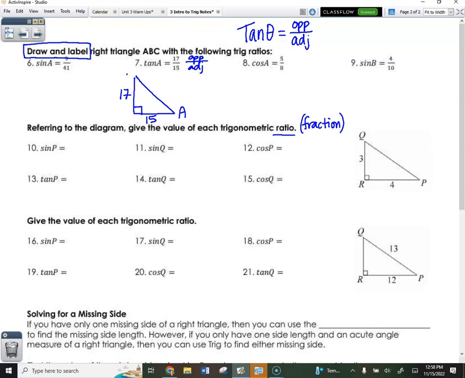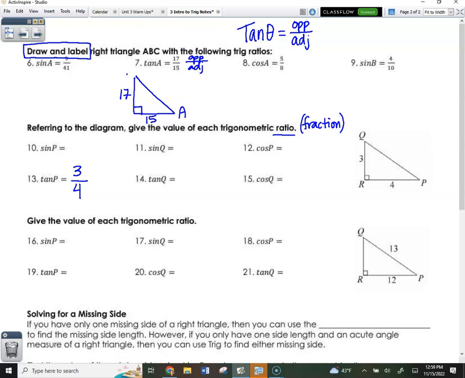Alright, so tan would be number 13. So from angle P, what would opposite of P be? 3. And then what would adjacent to P be? 4. Alright, now from angle Q, hope y'all are looking, because this goes so quick, because it's so simple, that you're going to have to make sure you're looking and thinking while I'm going through it.